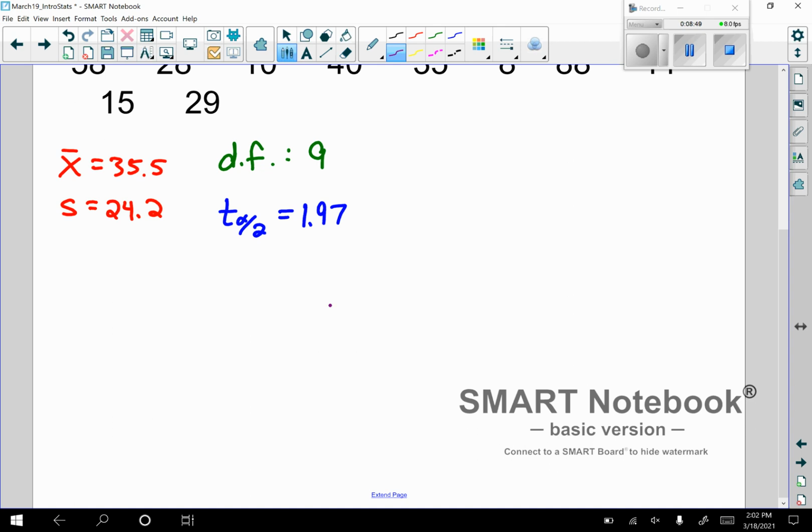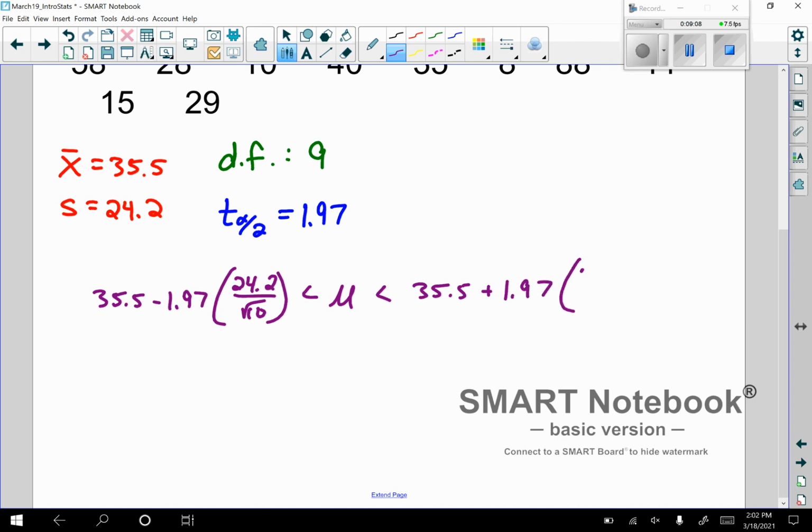And then we'll set up the confidence interval. So mu should be between 35.5 minus 1.97 times 24.2 over square root of 10. And on the other side, we'll just add it. And we're calculating these.